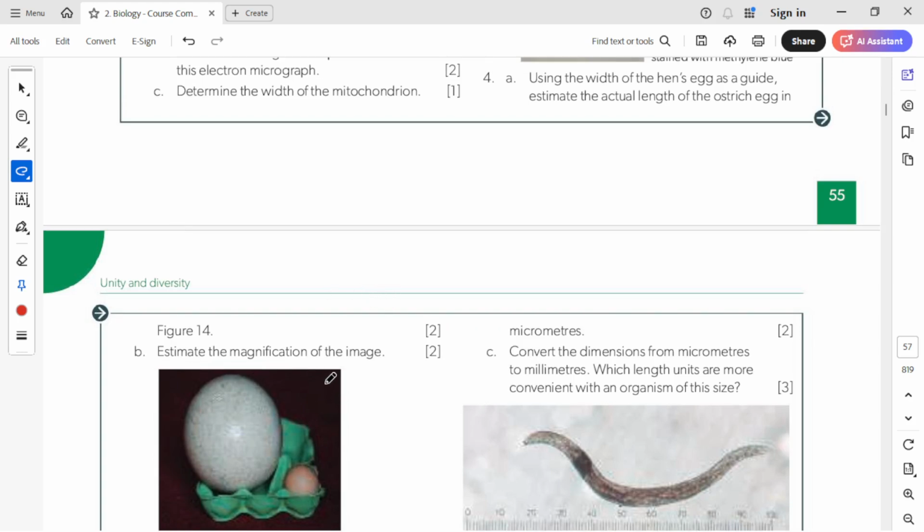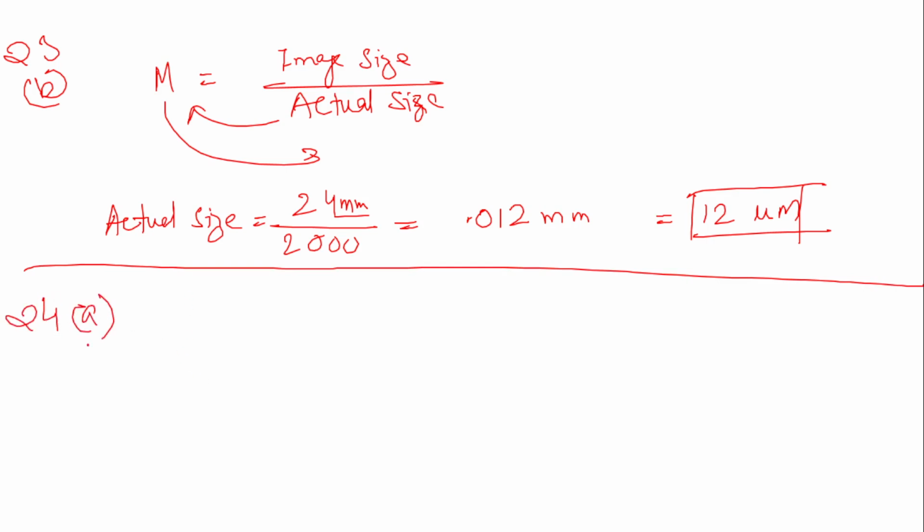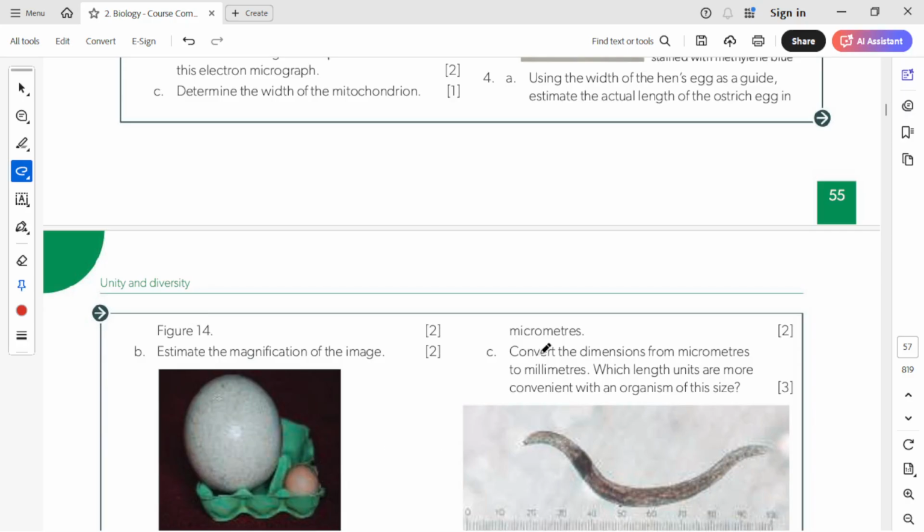All right, so how will we solve it? Suppose I'm taking out the ratio of both of them. So question number 4, part A. So if I'm taking out the ratio of both of them, how will we find out? First of all, using a scale, I'll find out the length of this hen egg and this ostrich egg.